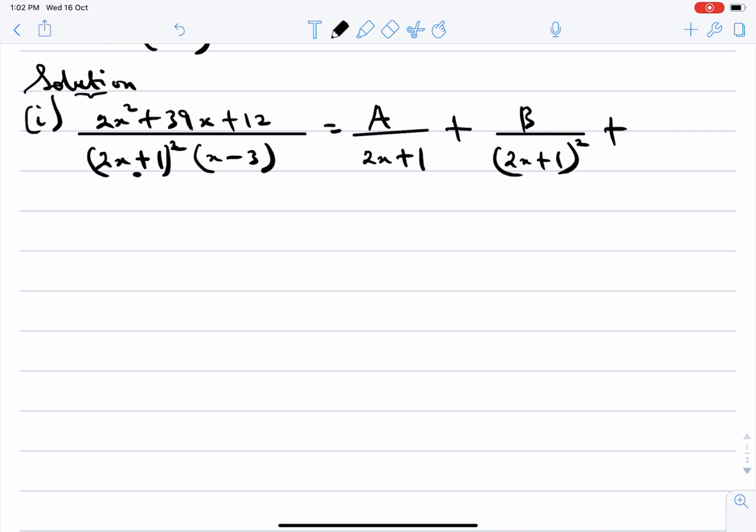The factor x minus 3 is a linear factor, so it just takes a constant as the numerator of its partial fraction, and that's c over x minus 3.